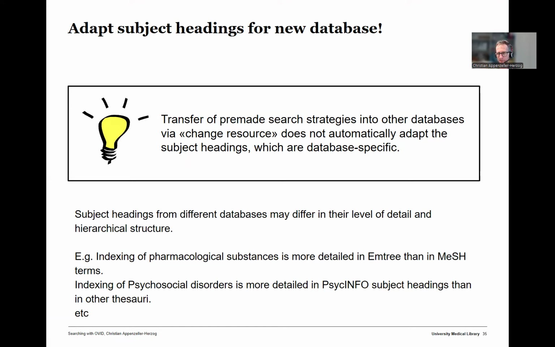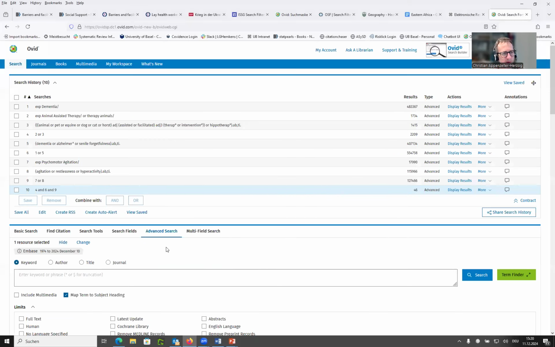And remember, in the introduction, I told you these subject headings are database specific. Okay, so what we did now here is we just added subject headings here, and the subject headings of Embase are Emtree terms and not MeSH terms.